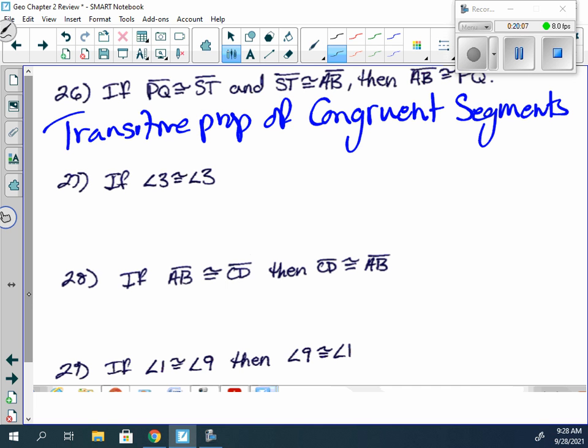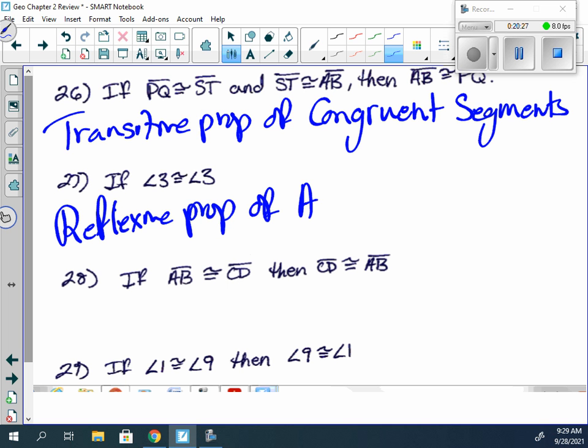Now, should y'all be able to spell this right? Well, yes, it's on your reference sheet. You will have that right in front of you. So 27 would be what? Distributive property of angle congruency, because we're talking about angles.